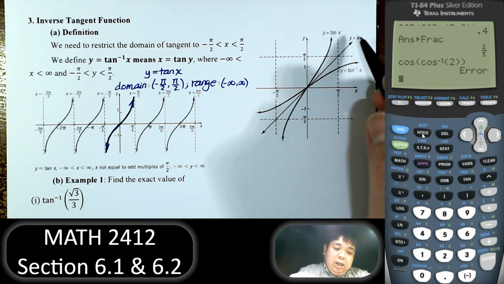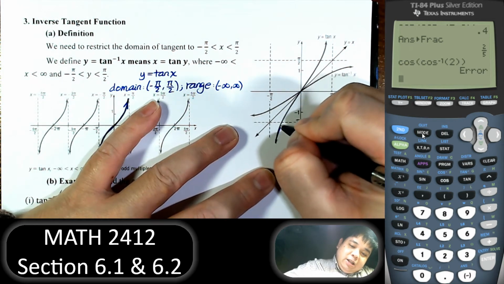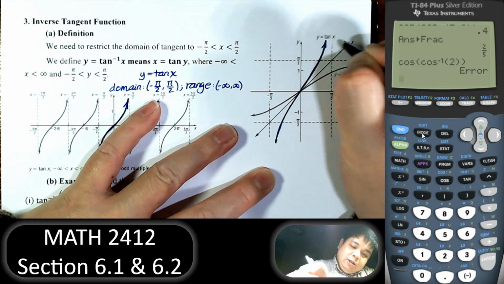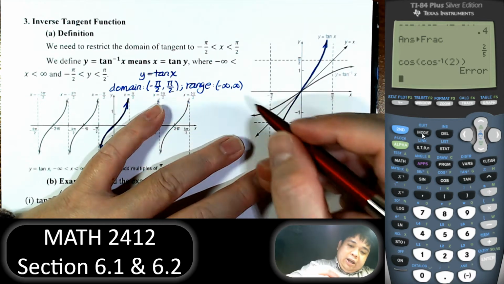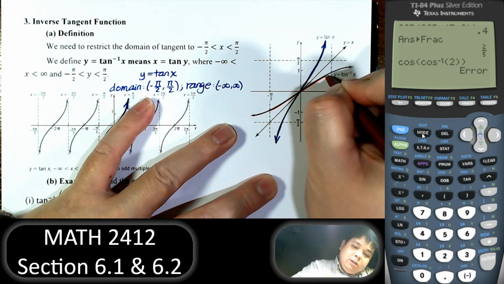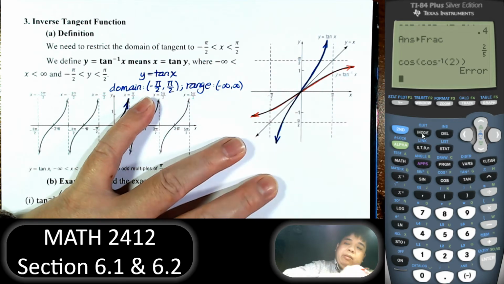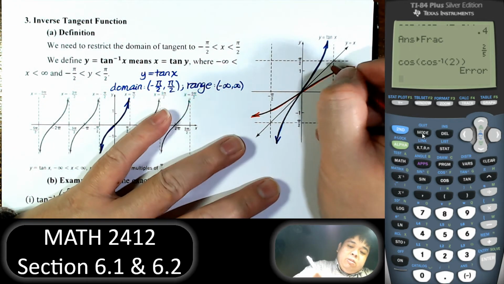Right. So in that case, we have the tangent here, and the inverse. And all we do, we just switch the domain and range.